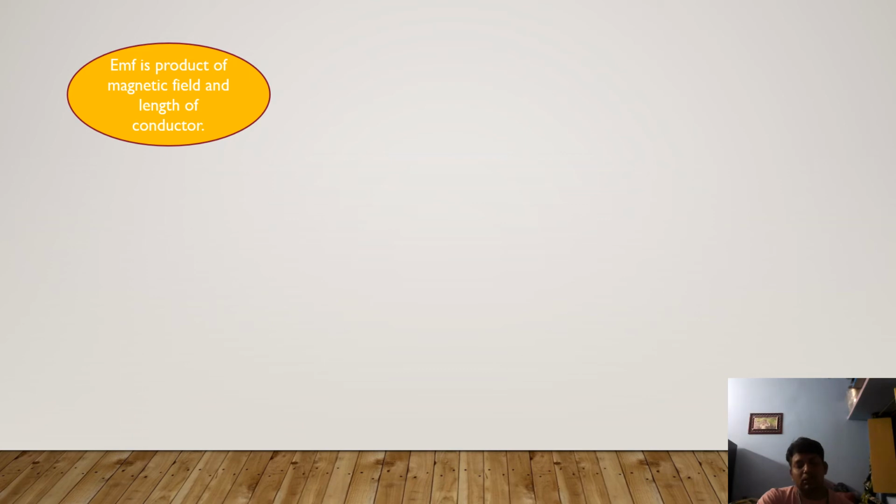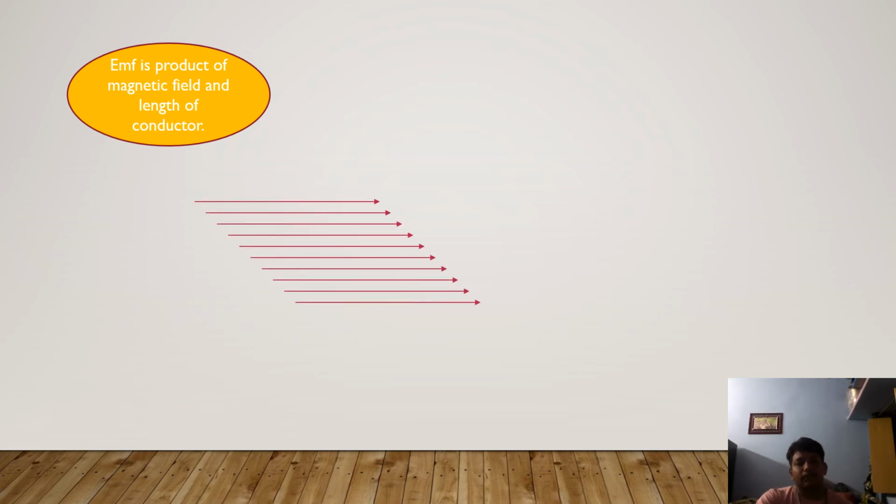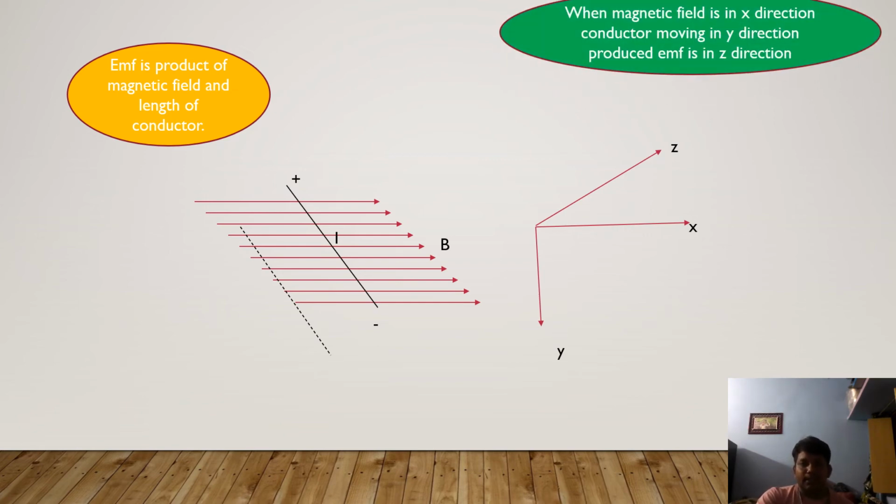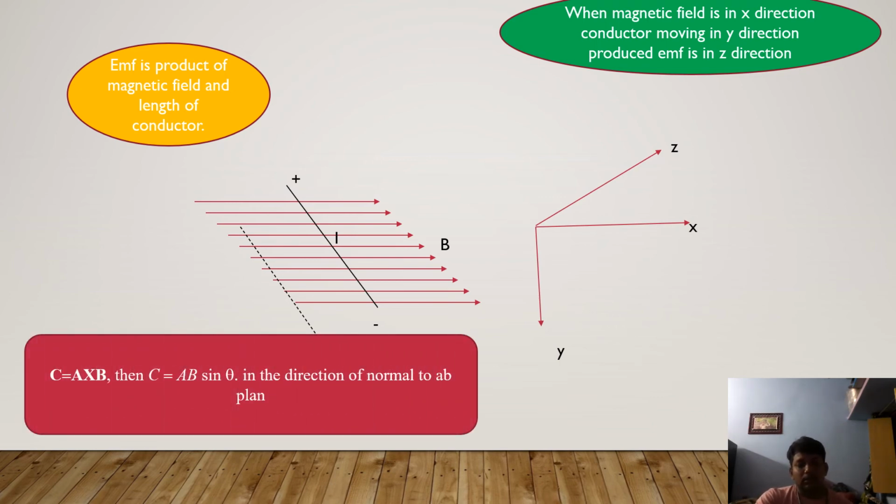Another example for cross product is EMF, the product of magnetic field and length of the conductor. When the magnetic field is in the x direction and the conductor moves in the y direction, the produced EMF is in the z direction. That is not in the magnetic field direction, not in the direction of the conductor's motion, but in the z direction.